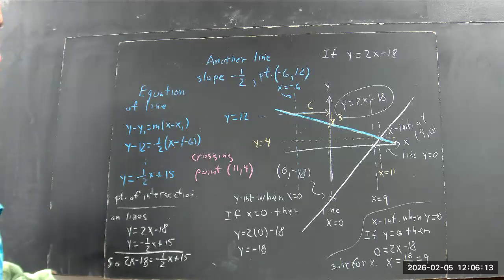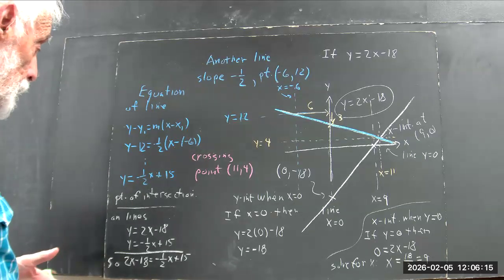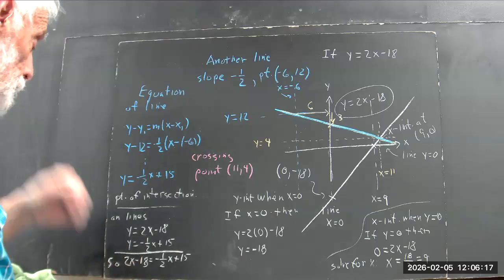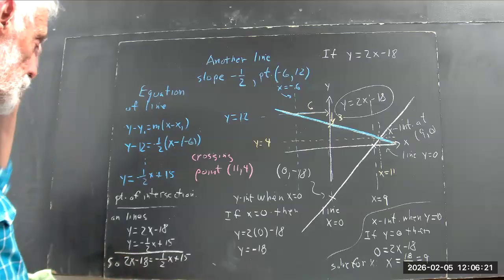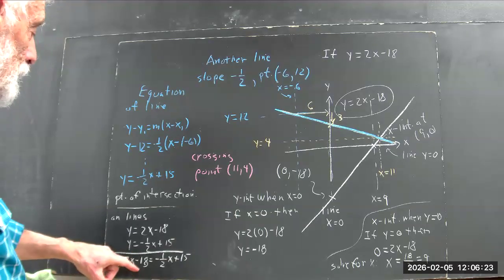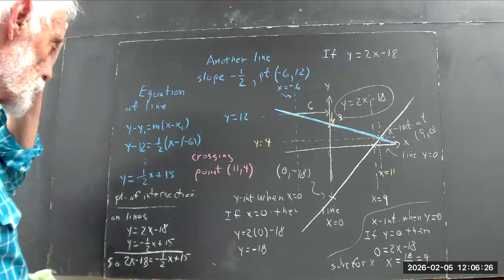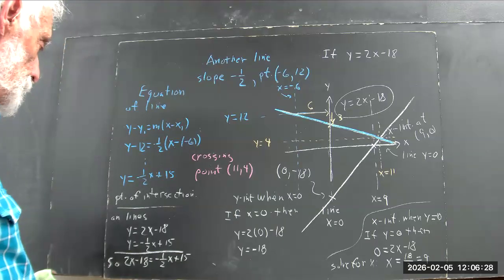I'm running out of time. But if you do solve for x, you add the 1/2 x to both sides, you're going to get 5/2 x. Add 18 to both sides, you're going to get 33.